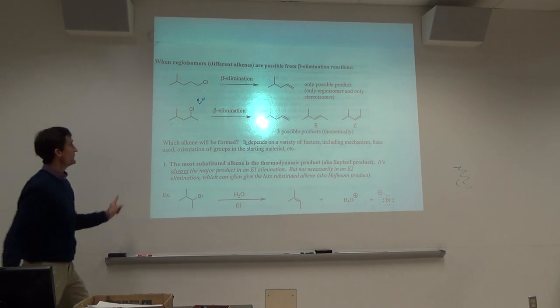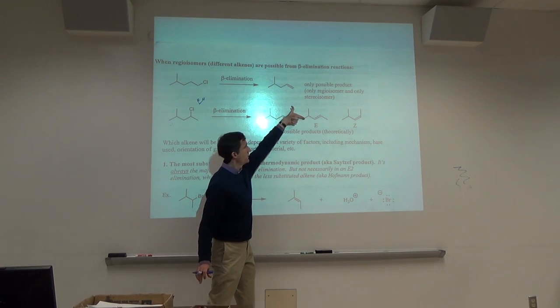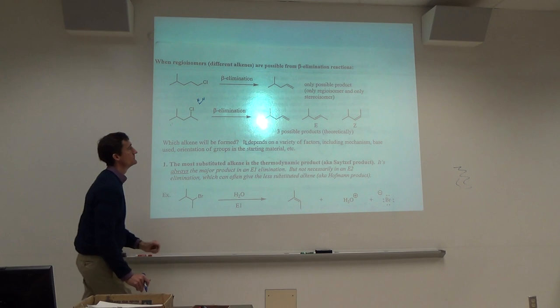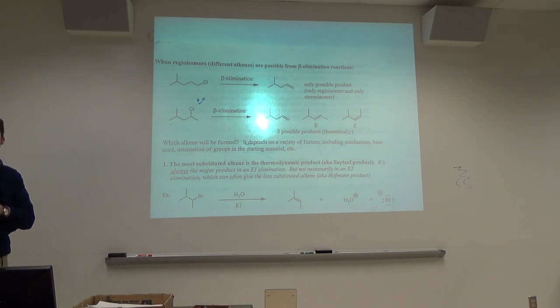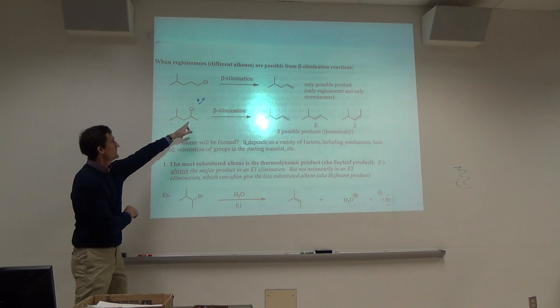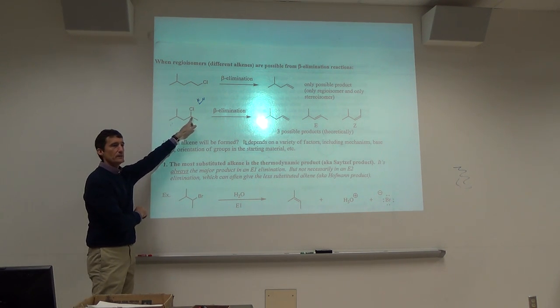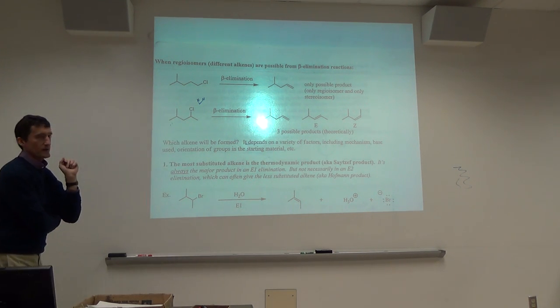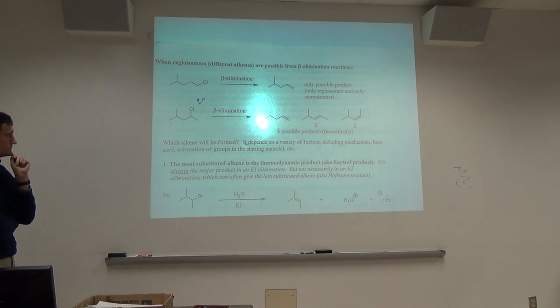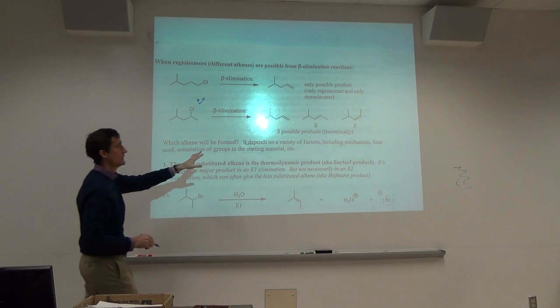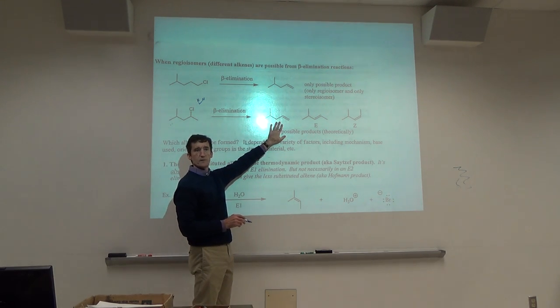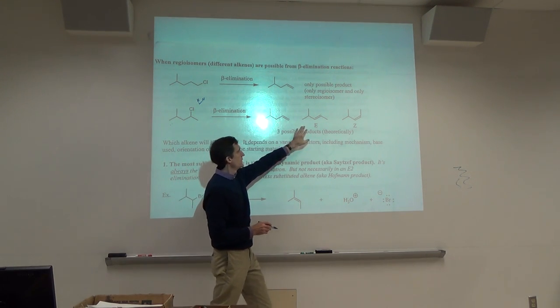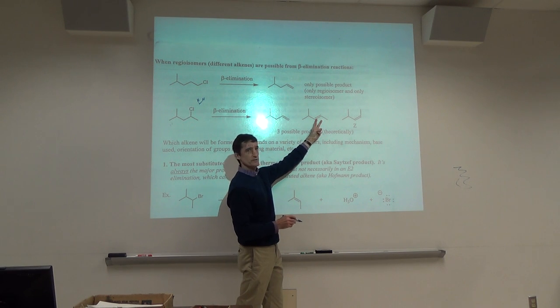So, if this up here was E1, which product would be formed? First, second, or third? Well, it could be E1, right? I was about to say it couldn't be. It could be E1. Which product would be the E1 product? Would it be the first one? No, that's not the most substituted alkene. Would it be that one? Well, that's di-substituted.